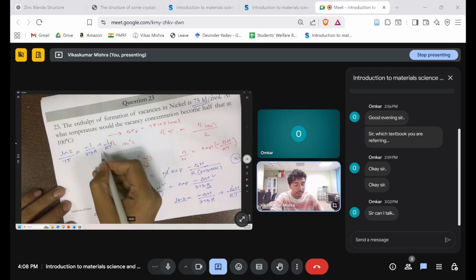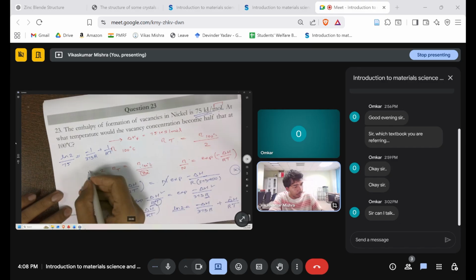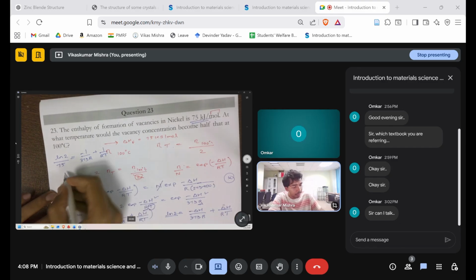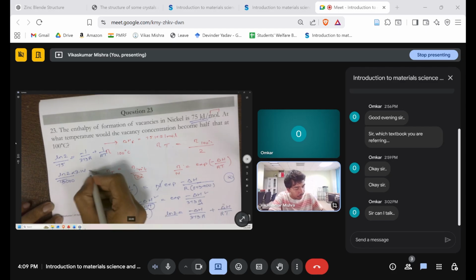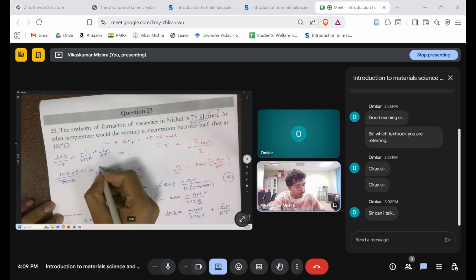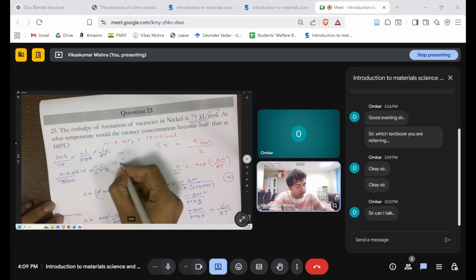R is nothing but 3.14. It is kilojoule per mole. Let's convert this. ln2 over 75,000 over 3.14 will be equal to minus 1 over 373 plus 1 over T.